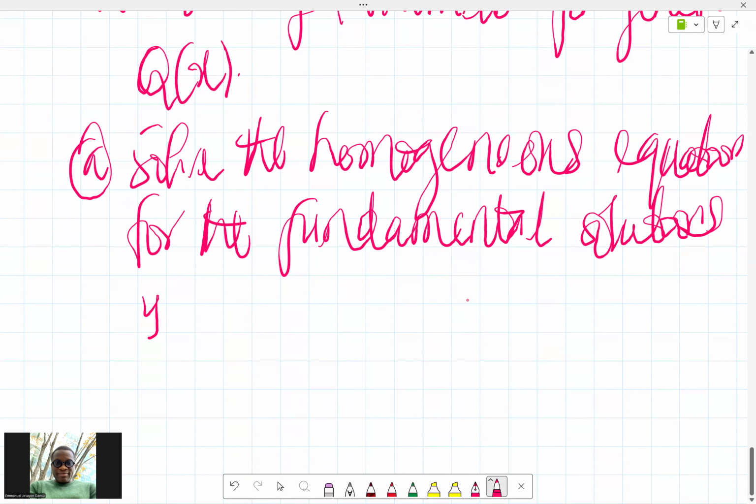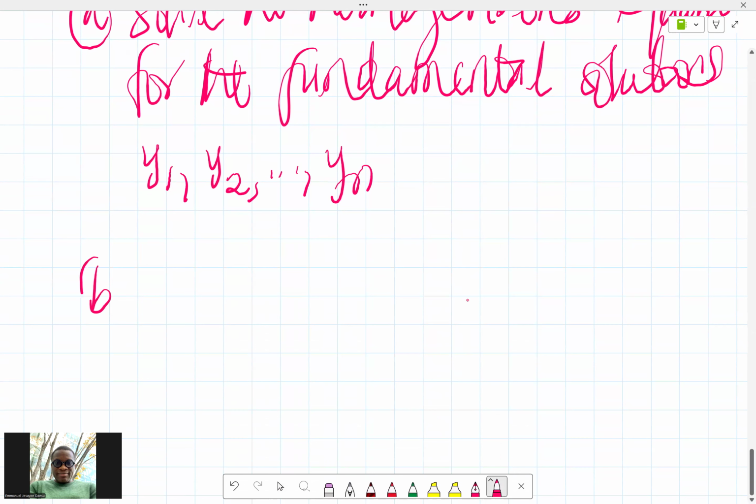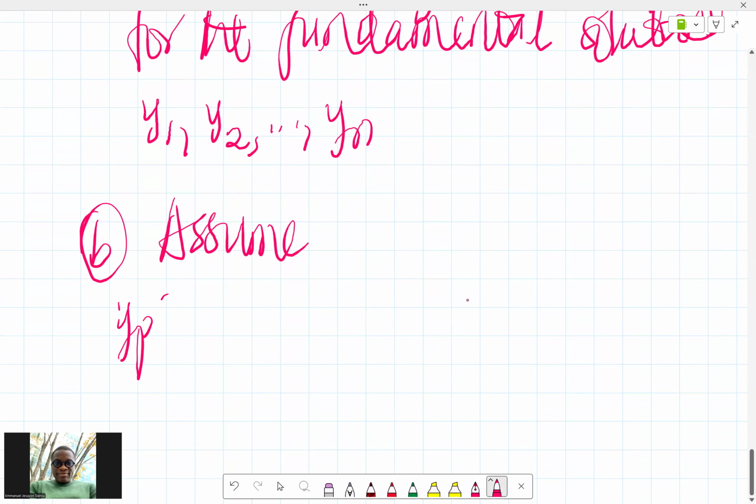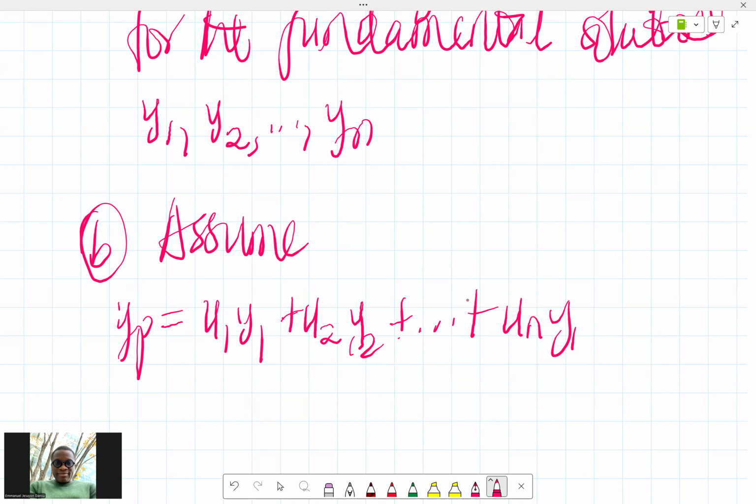So for the fundamental solutions y1, y2, and all of that up to yn, we did variation of parameters. If you've seen the video, this is not new. Then you assume yp, which is a function of x, is u1 y1 plus u2 y2 plus all that plus un yn.